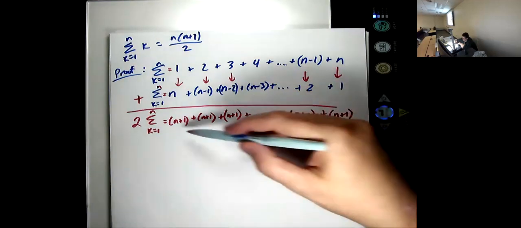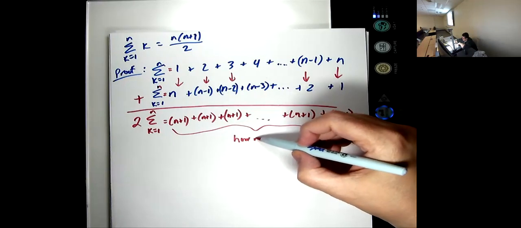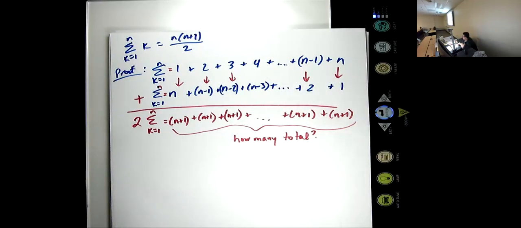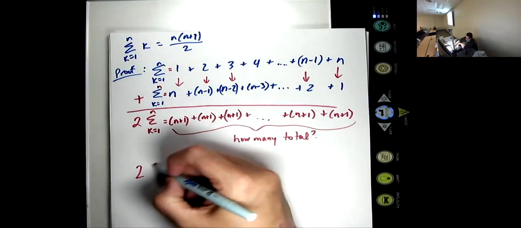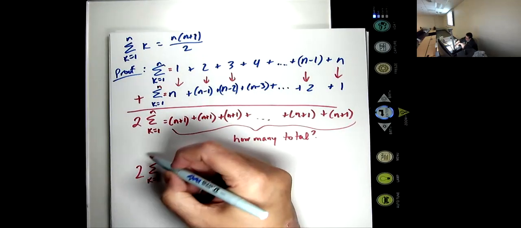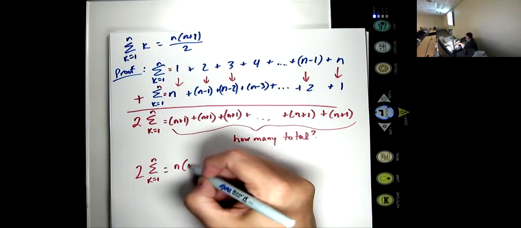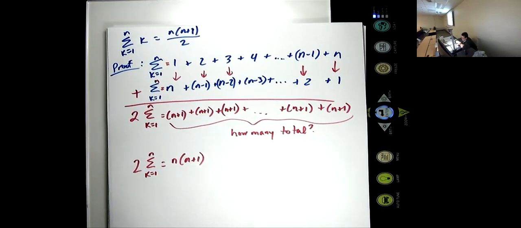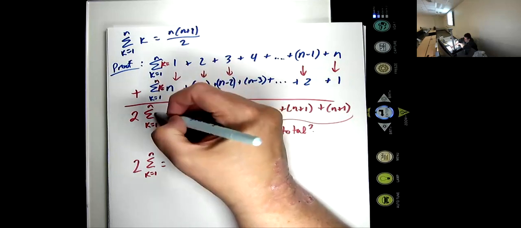How many of these are there? N, because we did 1 to n, we did n. So right now I'm gonna rewrite that as multiplication rather than adding. And I'm missing a k in here on all of these.